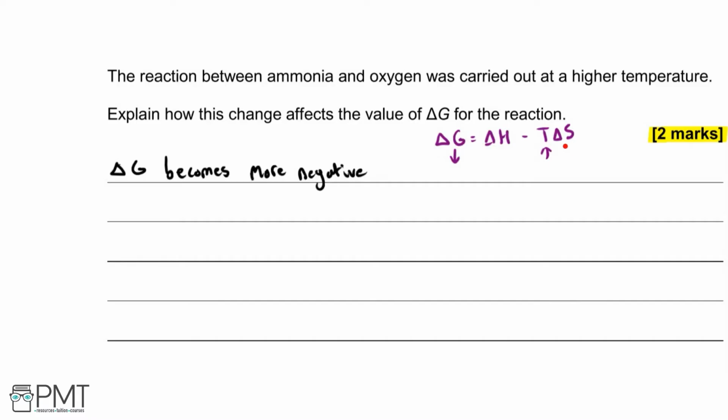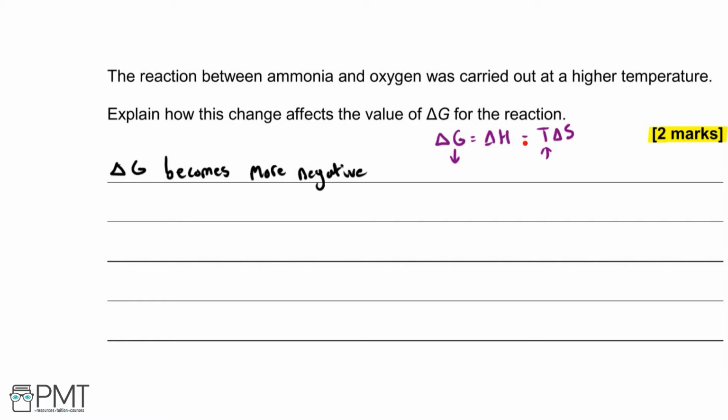If this was negative, then the increase in temperature would actually cause the Gibbs free energy change to become more positive, as we'd end up adding a larger number to this side, as the negative from the entropy change would essentially cancel out with the negative in the equation.